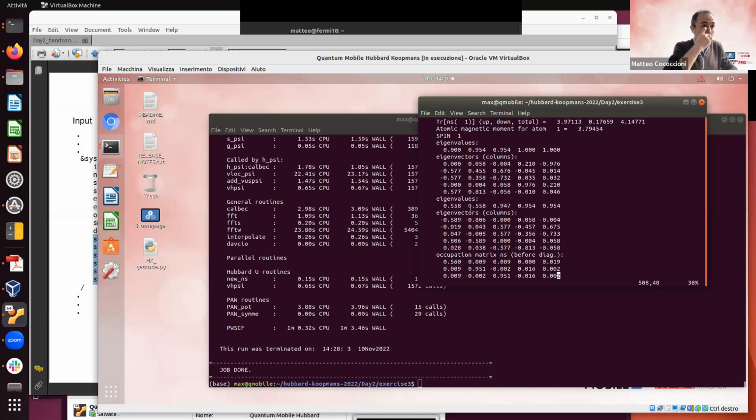There's no way to avoid that because any linear combination of these two states would still be an eigenvector with the same eigenvalue. But basically, you can recognize these other two here. It's almost the same. This vector is almost exactly as this one. So the other two, having occupation of 1 consistently with our suggestion in input, can be the remaining two.